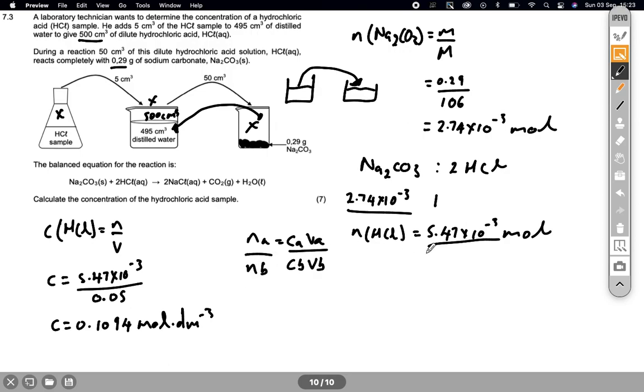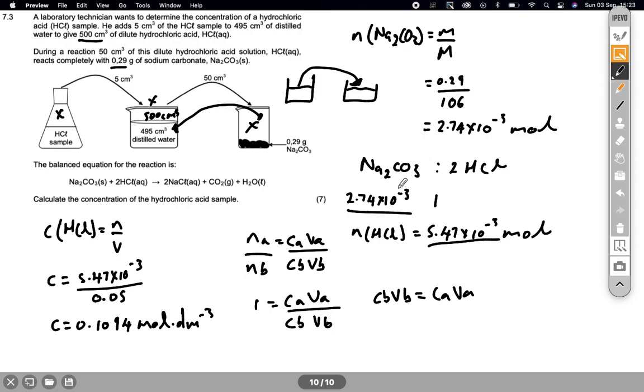Okay, so this is what we are using, because we were actually diluting the HCl. But now the Na over Nb is going to give us a 1-to-1 ratio. So that's just going to be 1 equals CaVa over CpVp. So we can just rewrite it as CpVp equals CaVa.